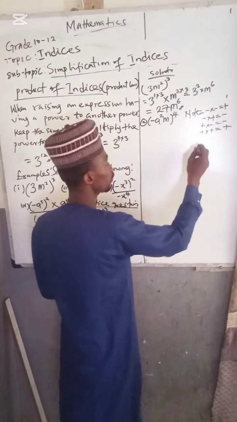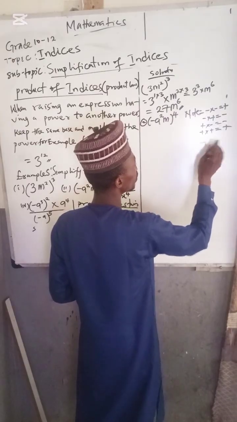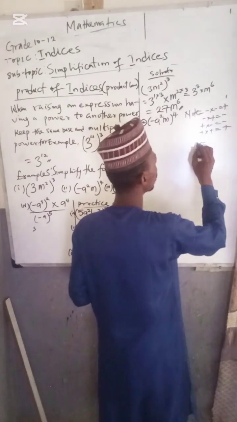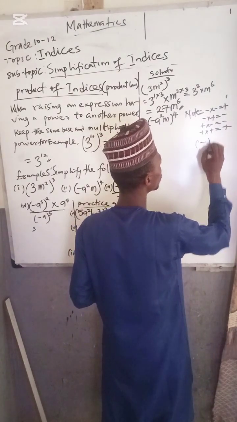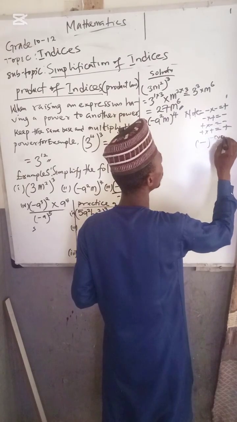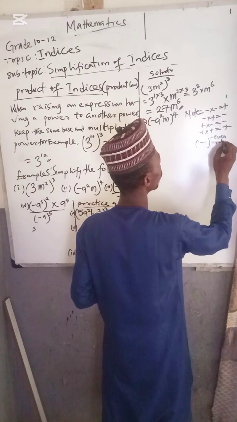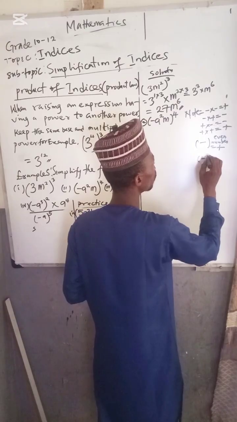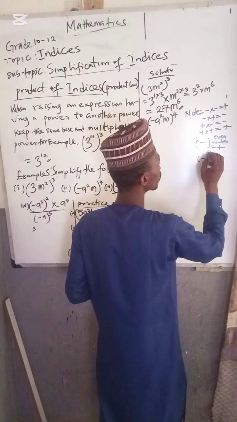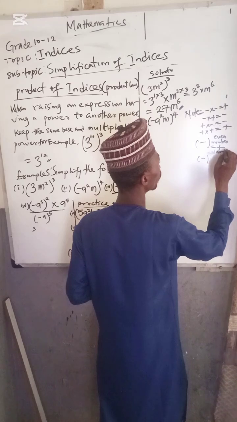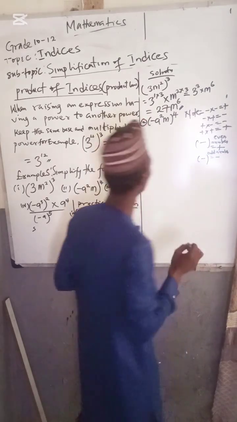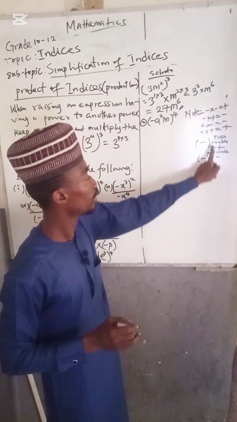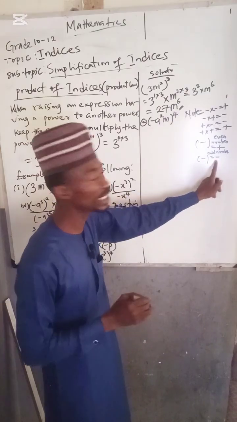Minus raised to the power of even number becomes plus. Minus raised to the power of odd number is equal to minus. Good. Let's use this. Minus raised to the power of even number is plus. The minus raised to the power of odd number is minus.